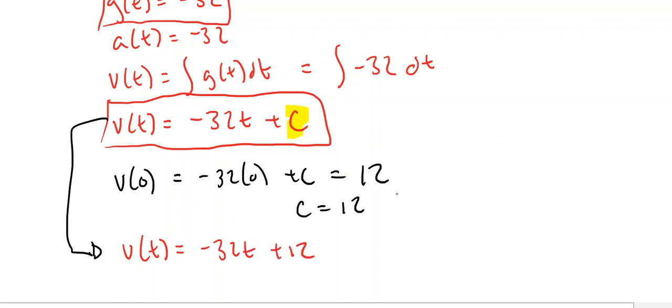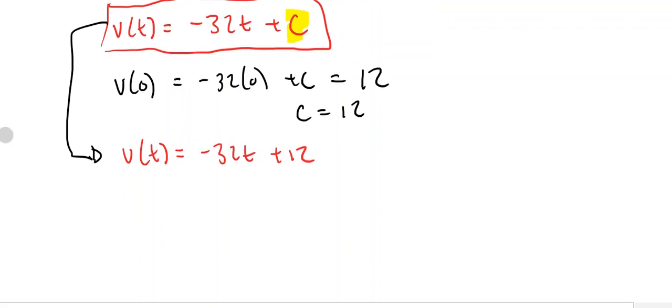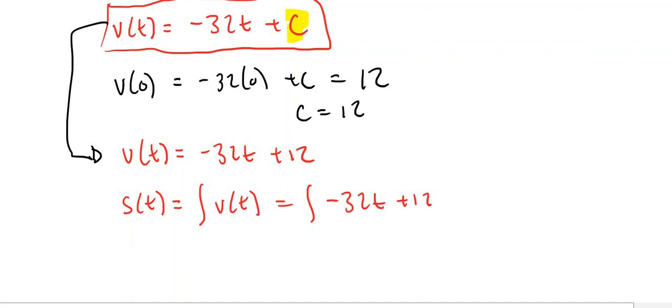Well, from that, let's find a position function. The position function is going to be the antiderivative of the velocity function, which is the antiderivative of negative 32t plus 12 with respect to t.